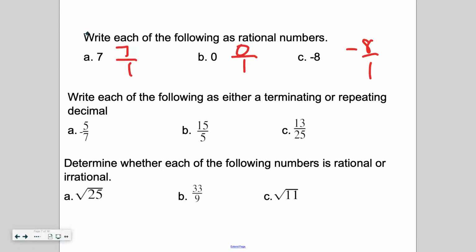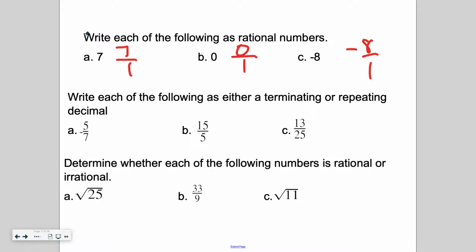Okay, so it says write each of these as either a terminating or a repeating decimal. Get a calculator out. Anybody? 5 divided by 7.